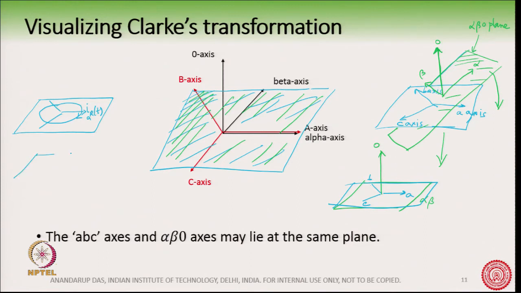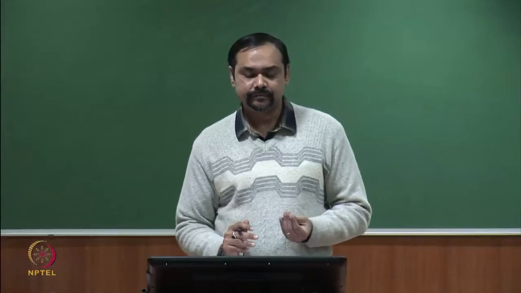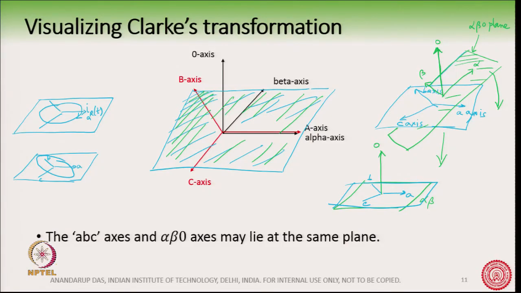In case of an unbalanced system, you have the same A axis, B axis and C axis, however this space vector is an ellipse. But again that ellipse is on the ABC plane.